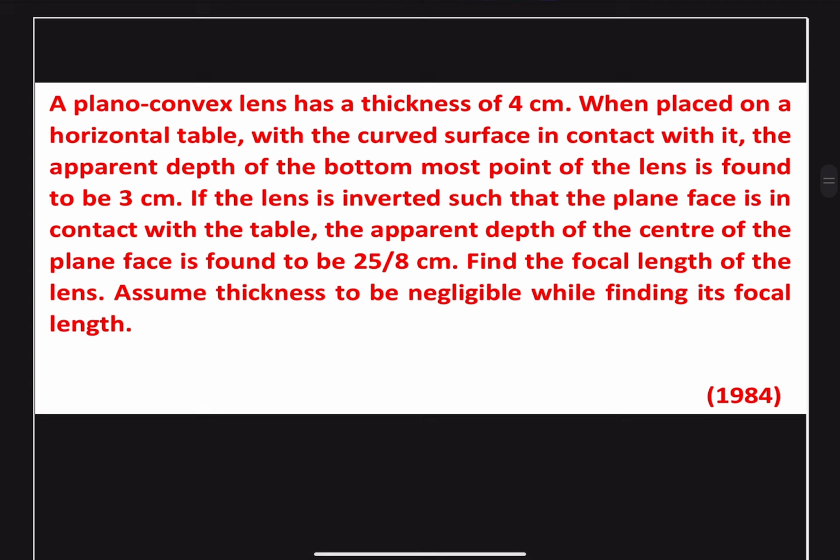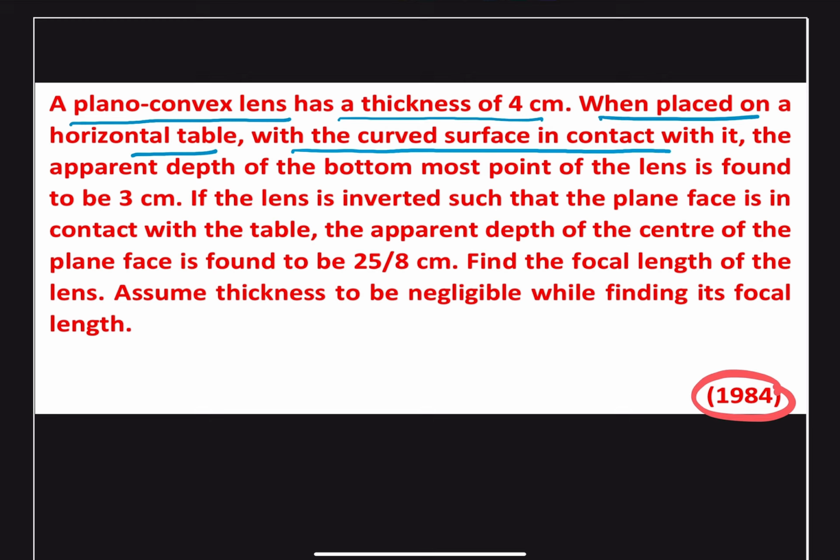The next question was asked in the year 1984, and it states that we have a plano-convex lens that has a thickness of 4 cm. When placed on a horizontal table with a curved surface in contact with it, the apparent depth of the bottom-most point on the lens is found to be 3 cm.